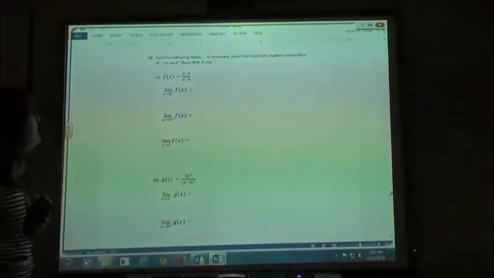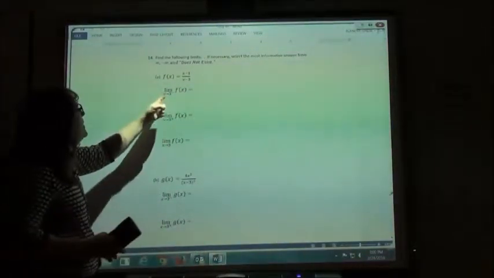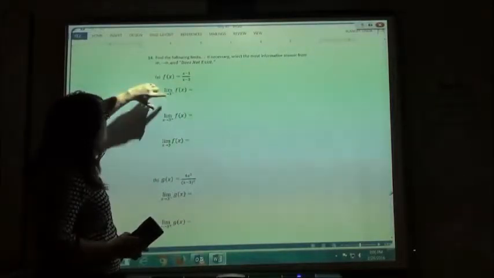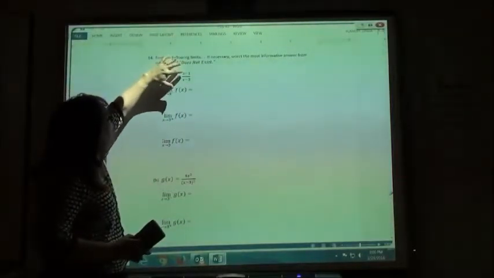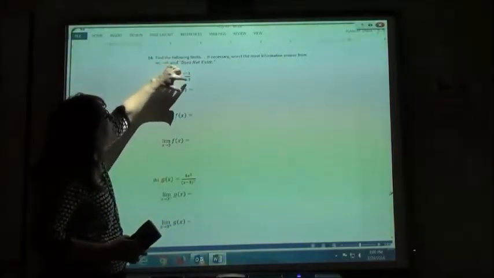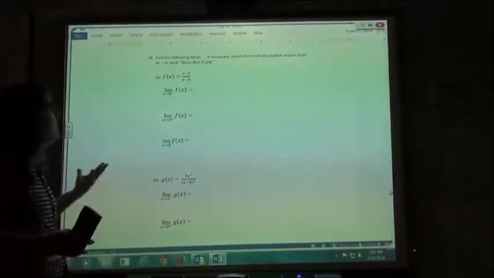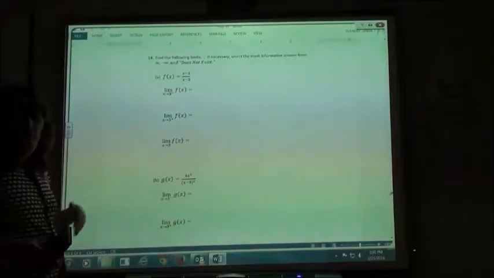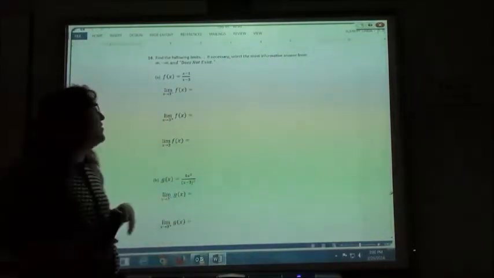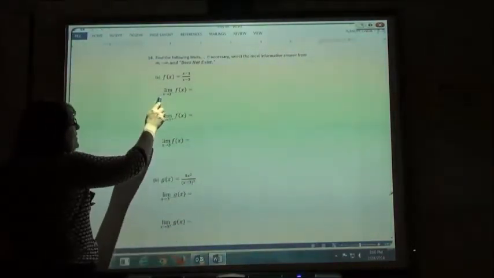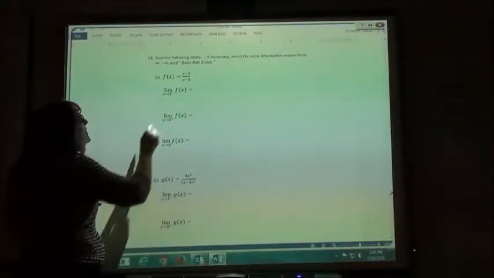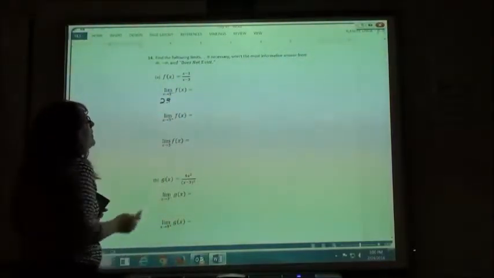So number 14, as I look at this one, I'm doing the limit as x approaches 3. Again, if I would put a 3 in there, 3 minus 1 is 2, but 3 minus 3 is 0, I would get 2 over 0. Since I have a number over 0, I know I'm either going to get infinity or negative infinity. So, as x approaches 3 from the left-hand side, I'm going to use 2.9.